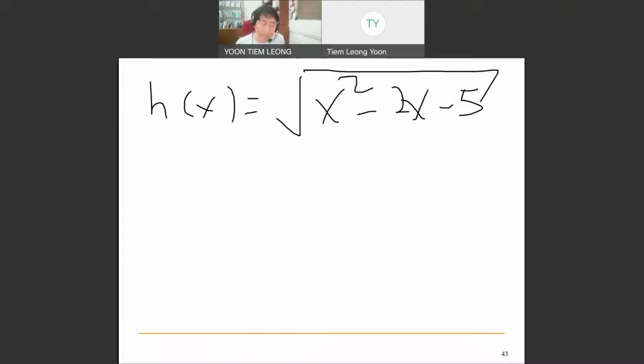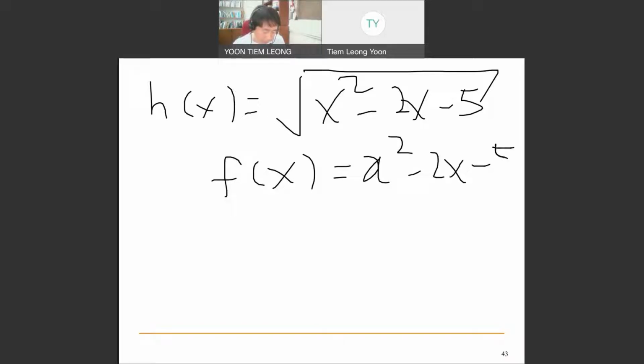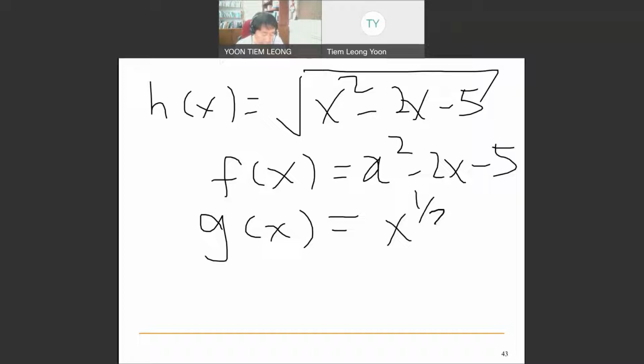It means that you have to express h as a composite of two functions. So for example, you think of f as a polynomial, f(x) = x squared minus 2x minus 5, right? So this function is a polynomial. Then you define another function, g(x), to be x raised to the power of a half.